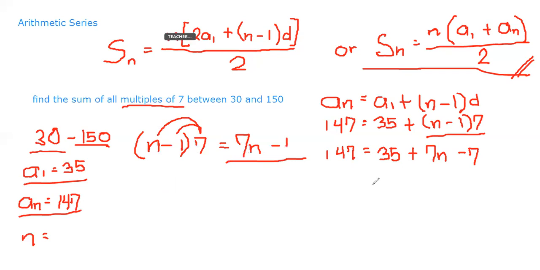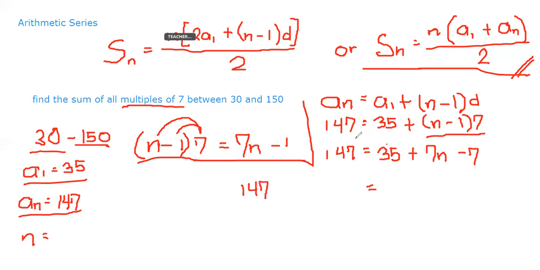Then, anong sunod natin gagawin dito? Combine like terms natin or lipat natin lahat ng pwedeng ilipat sa kabilang side of the equation. So, we have here 147.